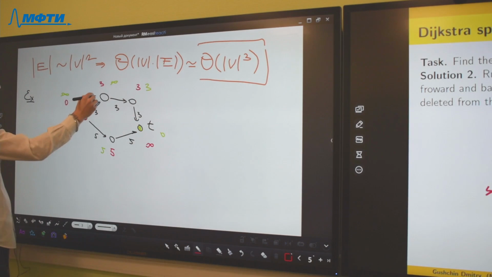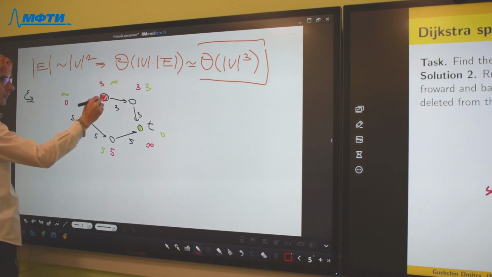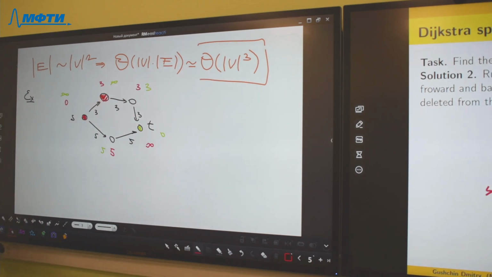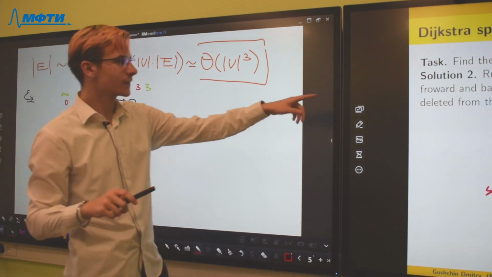It is 3, and we extract it too. Here, in both directions, we found common vertices. Down and up. We found common vertices here. But these vertices will be in both of the queues.